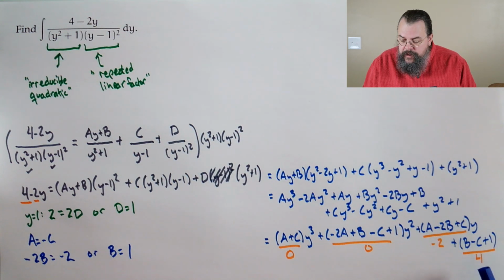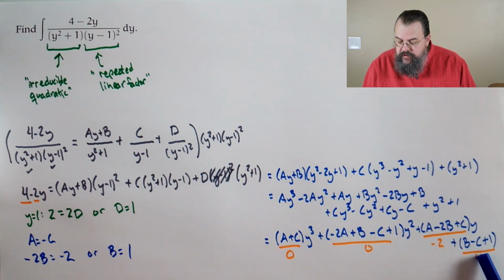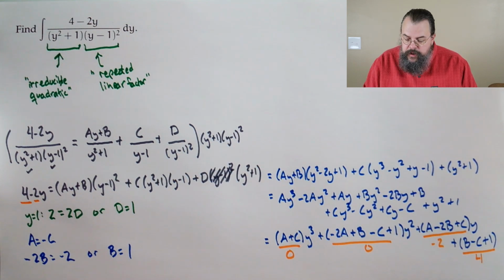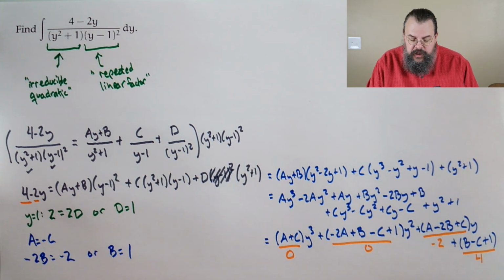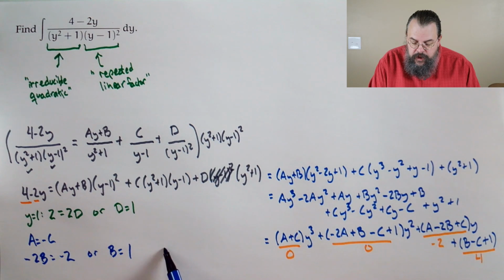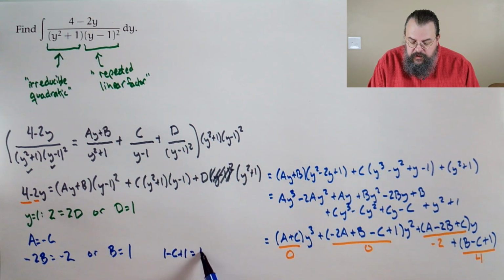Okay. Oh, look here. This is good. Now that we know B, we can come to this one. We can say, well, look, we have B minus C plus 1. And we know what B is. It's 1. So we can say, okay, so 1 minus C plus 1 has to equal 4.